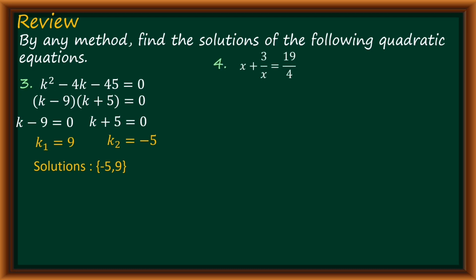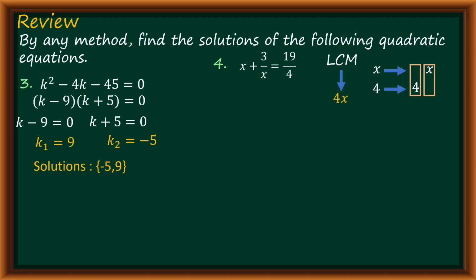Next, number 4, we have x plus 3 over x equal to 19 over 4. To solve this, let us first get the least common multiple of the denominators, x and 4. To get the LCM, it is just the product of 4 and x.